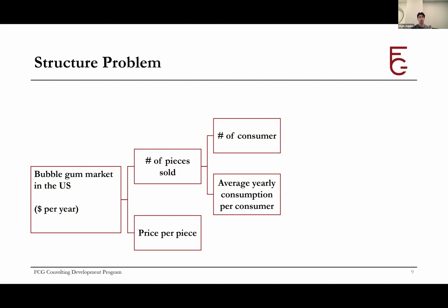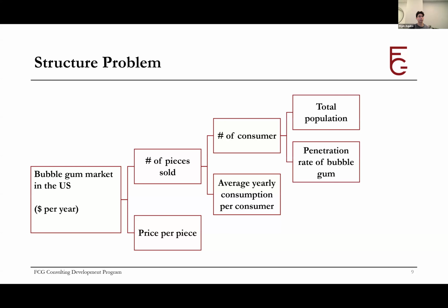But make sure at the end you multiply it by 365, 52, or divide by one if you're in this case, right? For the number of consumers, I know that I could go a little bit deeper with that. And this is just a framework. So if you guys don't really know this right now, this is something that you could write down and you're probably going to be utilizing a little bit later too, or at least adapting later. But if I wanted to figure out the number of consumers, what I could do is look at the total population, US population, because I want to size the market in the US.